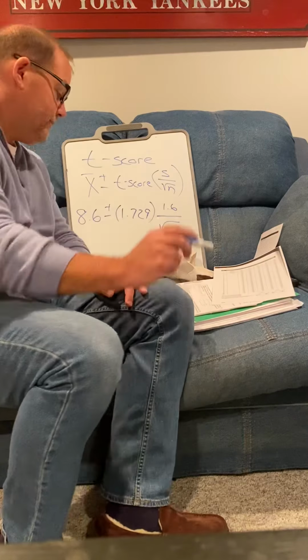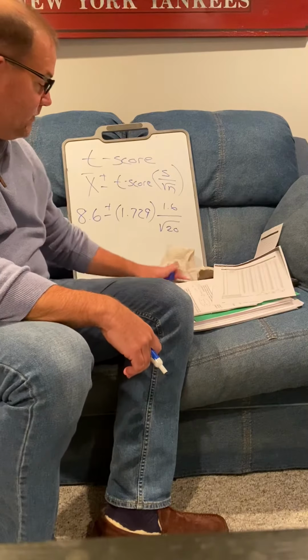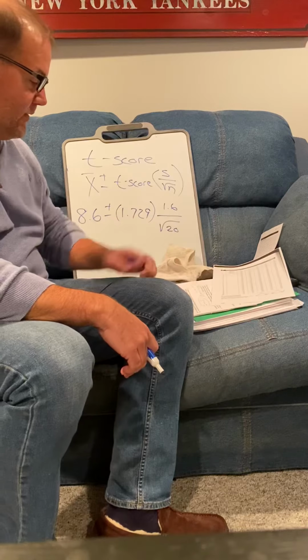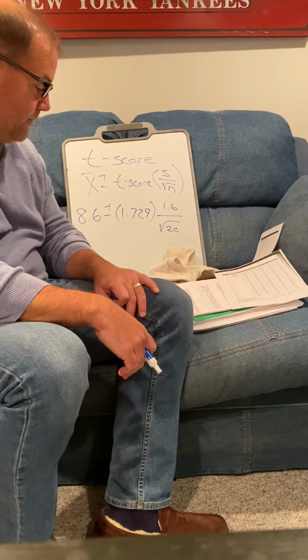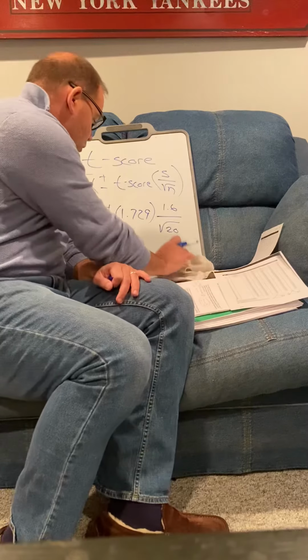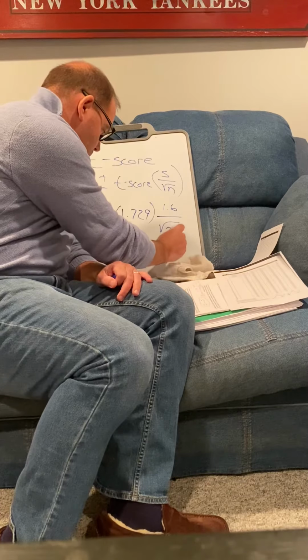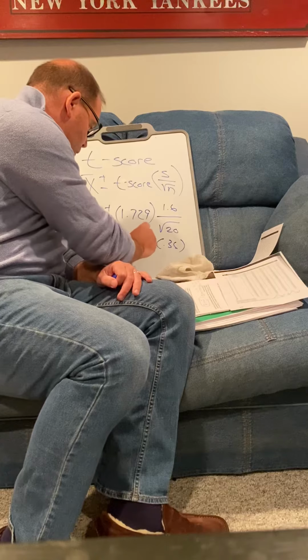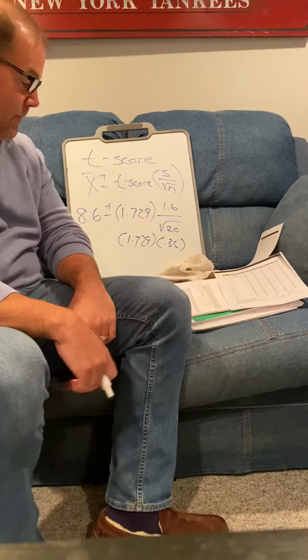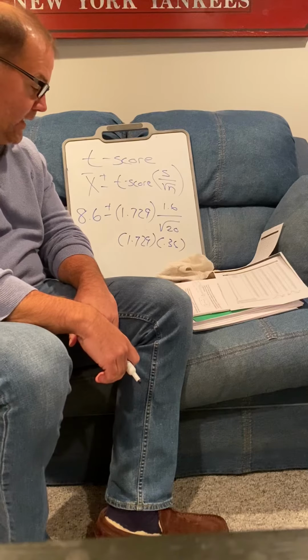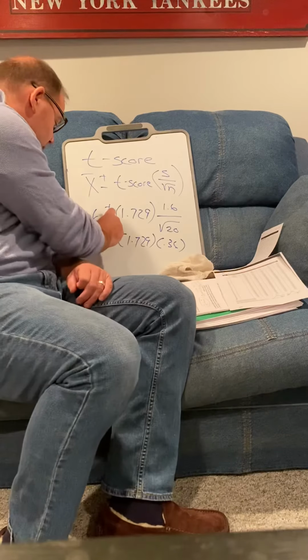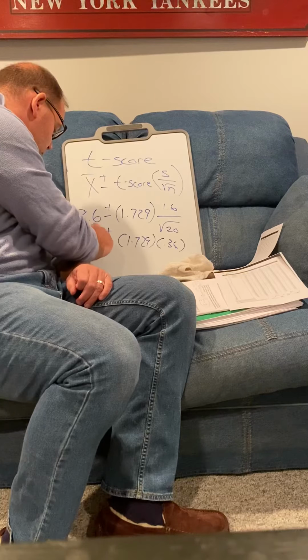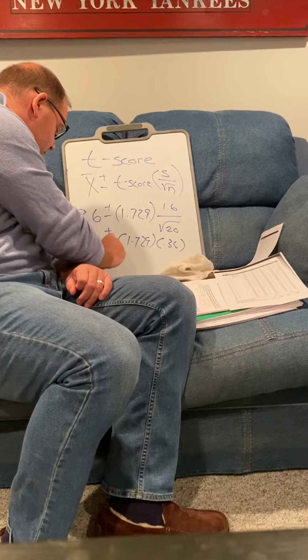So again, the way I would solve this is I would take 1.6 divided by the square root of 20, which is about 0.36. Multiply that by 1.729. And when you do that, you're going to get a margin of error of about 0.6.